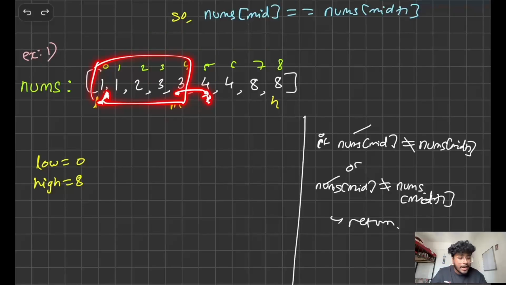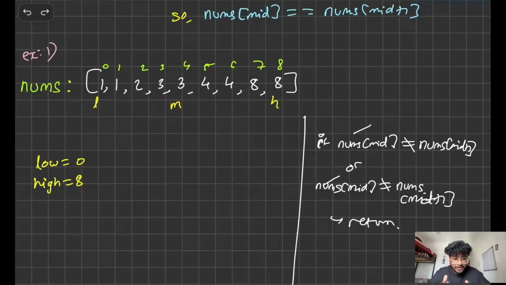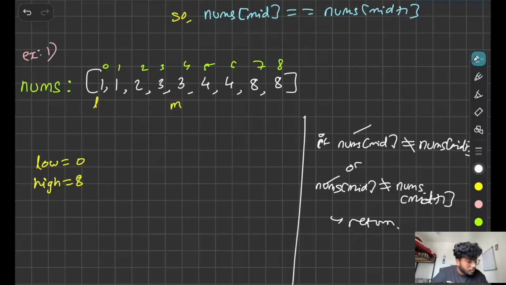So if my single element exists, which it does, we are guaranteed it must lie in the left half. It is not lying in the right half, it must lie in the left half, because the left half is not good, it is ambiguous. So let's now trim down our search space. I know for sure that my single element lies in the left half, so I'll search the left half.